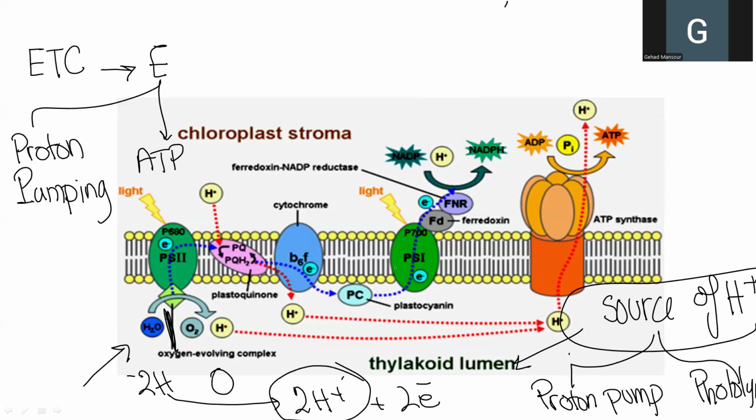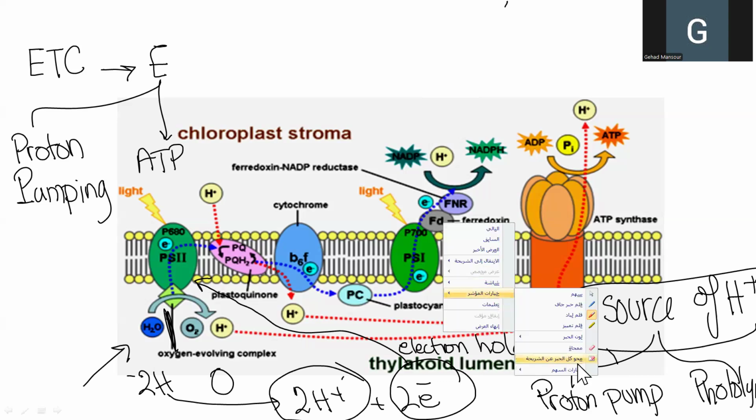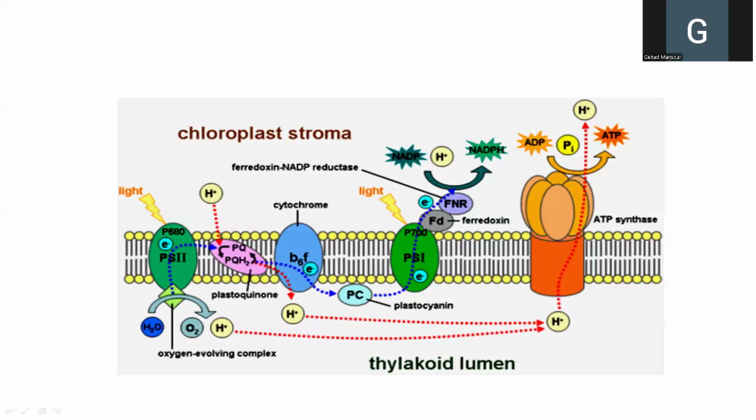And then, as we said before, these electrons resulting from photolysis of water will do what? They will replace the electron, or fill in the electron hole, that lies inside the chlorophyll molecule after it has been activated. And now we come to the other photosystem, which is photosystem 1.